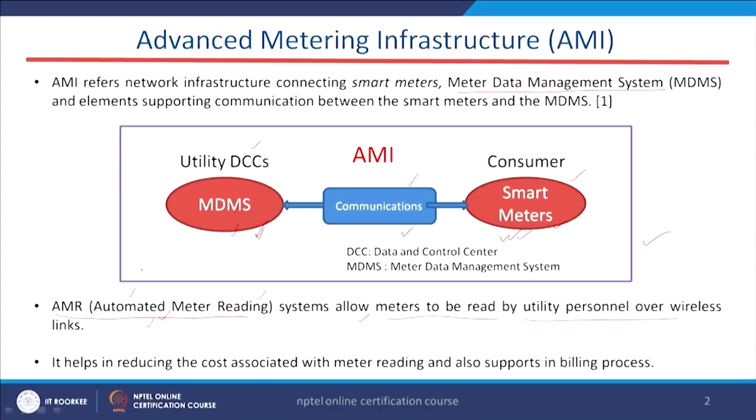Now, also with the help of this wireless communication of the smart meters to the AMR system, we can reduce the cost, because it is a wireless medium. If it is a wired medium, it will demand more cost. So, it helps in reducing the cost associated with the meter reading and also supports the billing process.